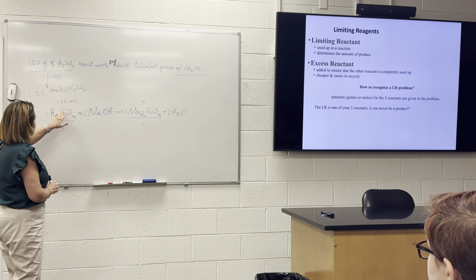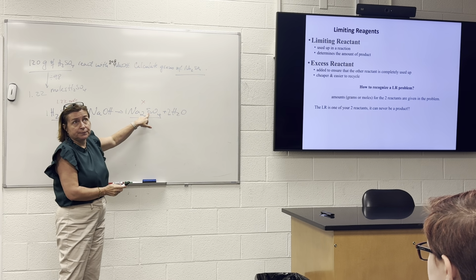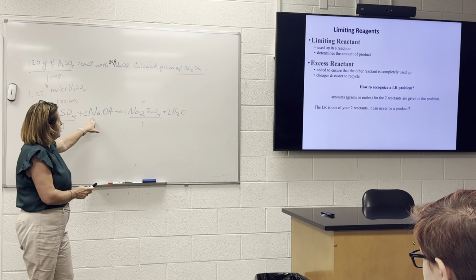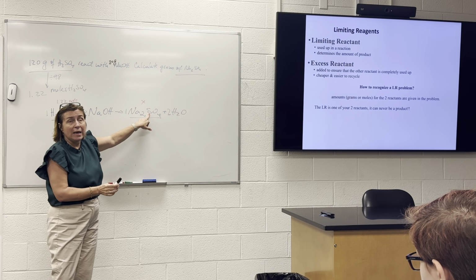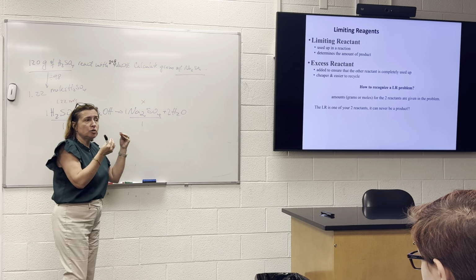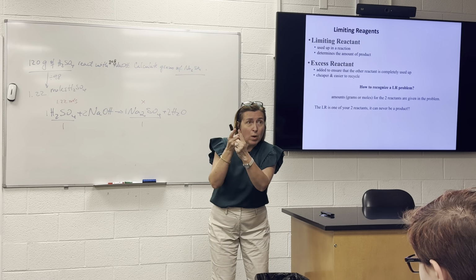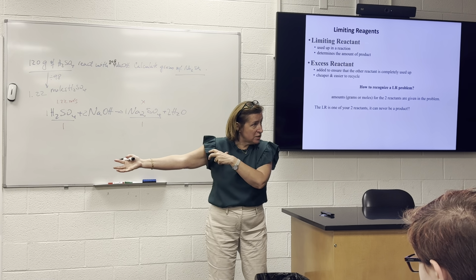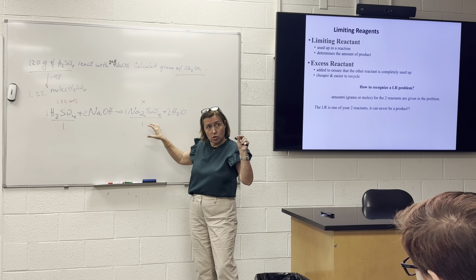From 120 grams of H2SO4, you can calculate how much Na2SO4 you can make. And you can also calculate using the NaOH how much Na2SO4 you can make. Comparing the 2 answers, you choose the smallest answer, the 1 sandwich, not the 20 sandwiches that you could have made. You do the calculation twice.